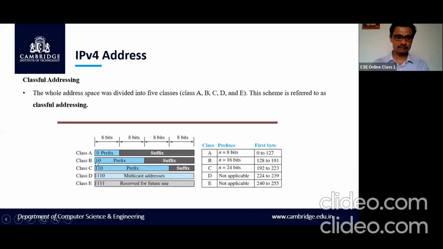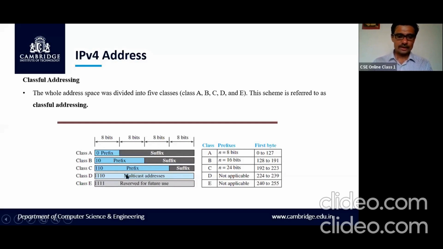Similarly, class B is identified with the first 2 bits, 10, with a 16-bit prefix and 16-bit suffix. Class C is identified with the first 3 bits, 110, with 24 bits for the prefix and 8 bits for the suffix. Class D and class E have no prefix and no suffix. They are identified with the first 4 bits: D with 1110 and E with 1111.